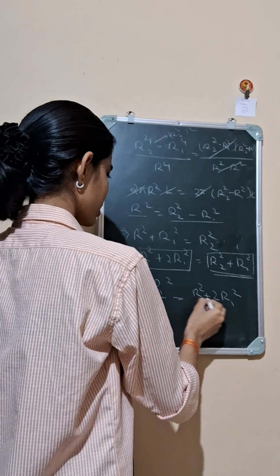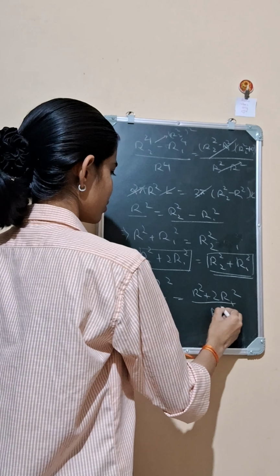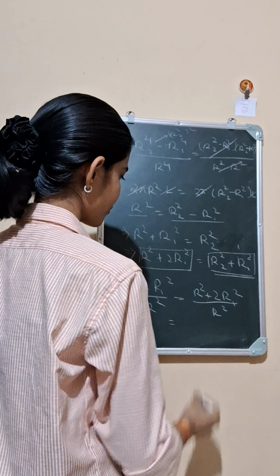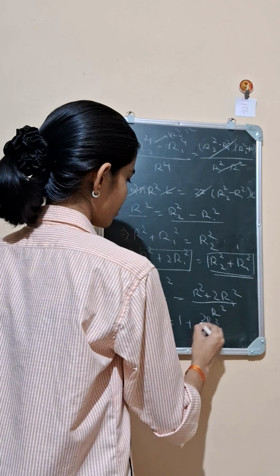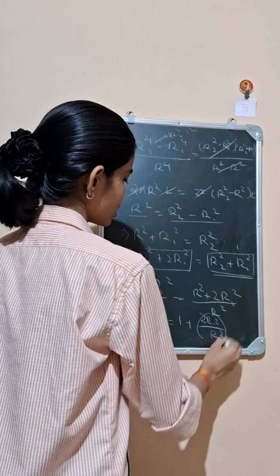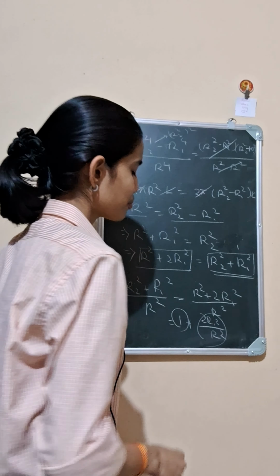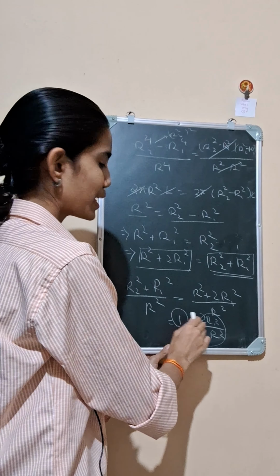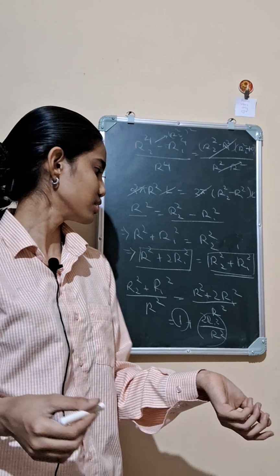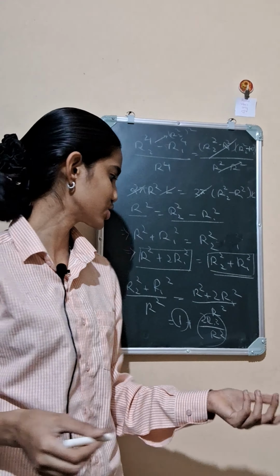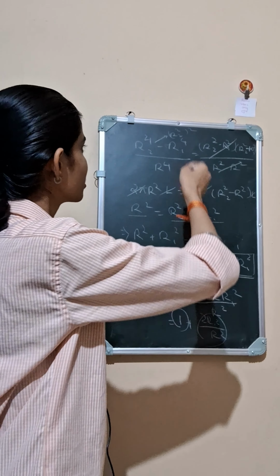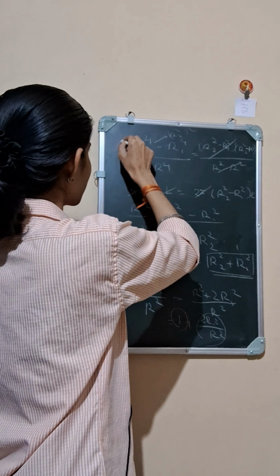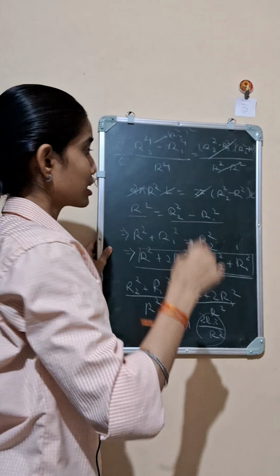So this thing equals (r square plus 2 r1 square) by r square, which will be equal to 1 plus 2 r1 square by r square. Even if the second term is a fraction, 1 plus something will give a number greater than 1, so the ratio of C dash by C is greater than 1.